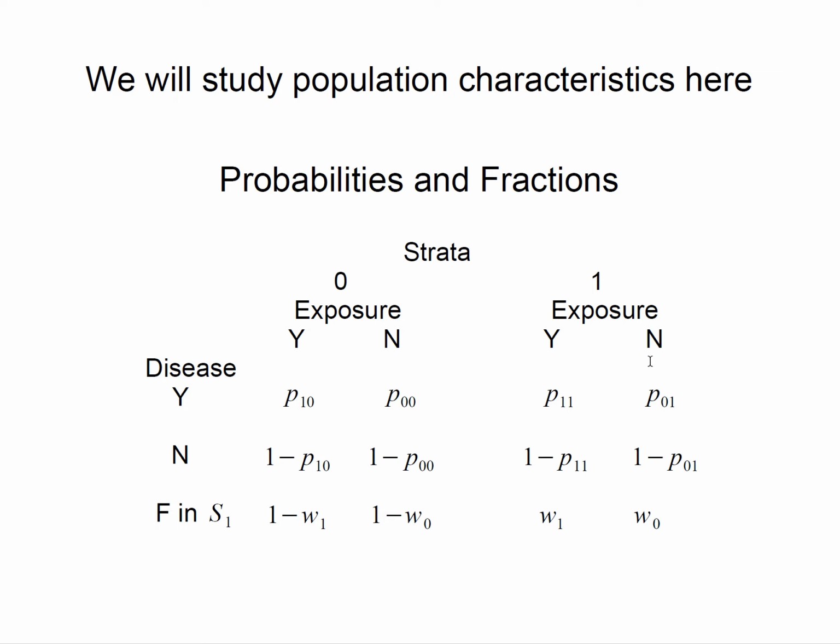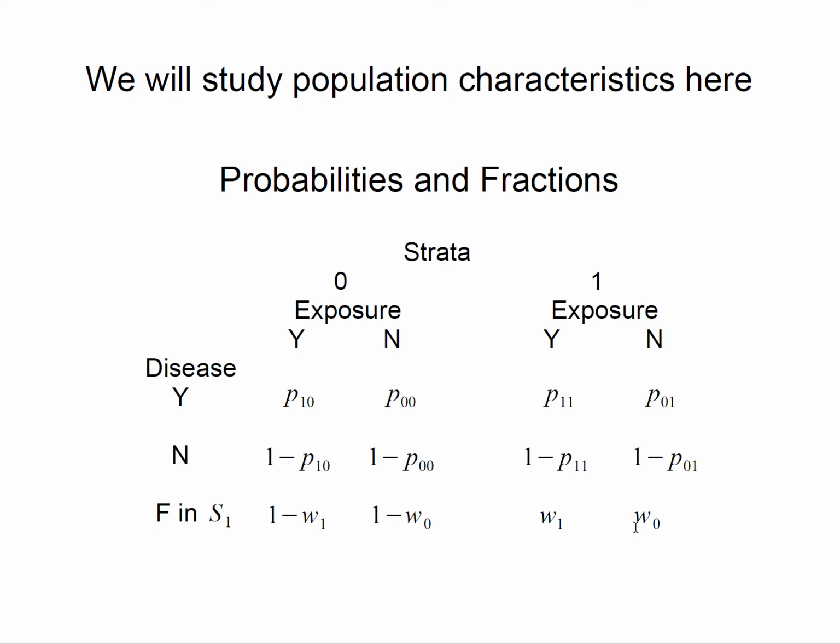We're going to have, first of all, a consideration of the individuals who do not have exposure. And this fraction W sub 0 is then the fraction of individuals in strata 1 among those that were not exposed. So notice that this number and its complement refer to the individuals that were not exposed.